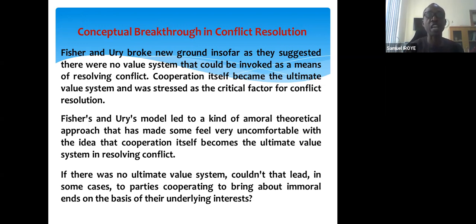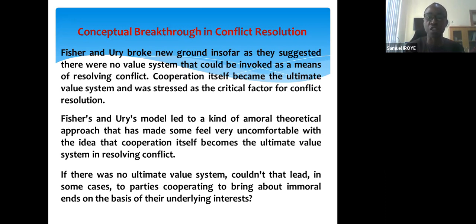And according to Fisher and Ury, cooperation is a very valuable concept that people must imbibe into their day-to-day life for them to find a lasting solution to conflict. Fisher and Ury's model led to a kind of amoral theoretical approach that has made some feel very uncomfortable with the idea that cooperation itself becomes the ultimate value system in resolving conflict.